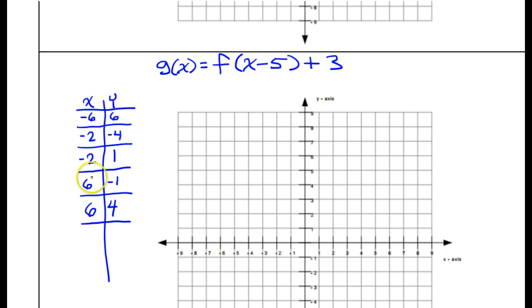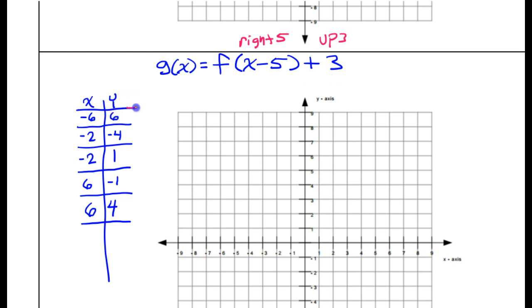Horizontal means x values. Now be careful, this is actually a shift to the right 5. So it's the opposite of the way it looks, and that's going to affect what we do to these x values. And this is, of course, up 3. Up 3, that's vertical, that's going to affect the y values.